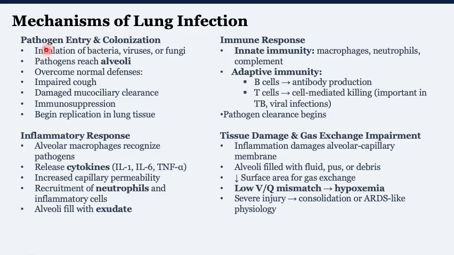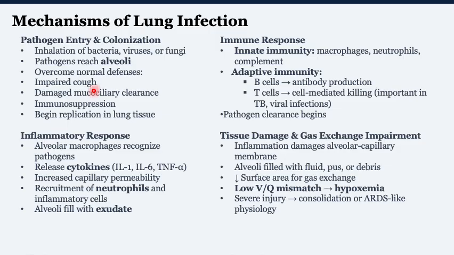So you have pathogen entry and colonization. So you can inhale the bacteria, virus, or the fungi. The pathogen will reach the alveoli. It adheres and it evades, so it overcomes normal defenses. It can impair your cough.